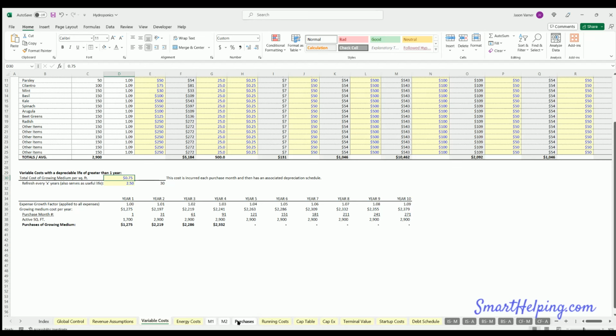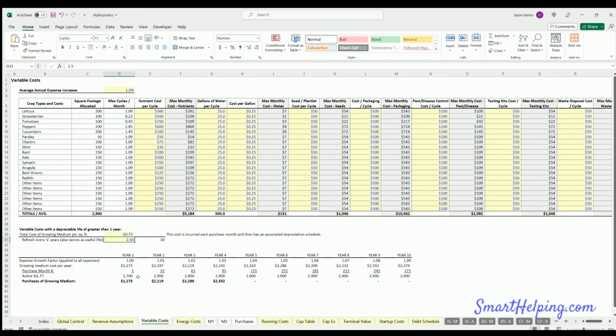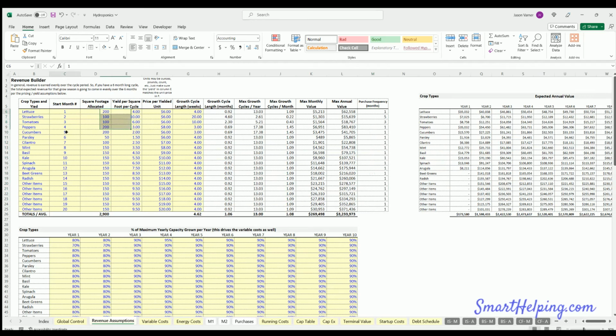If you're growing things in some type of material, you're going to have to purchase that, and it has some useful life here. We're just saying it's 75 cents a square foot. There's a useful life of 2.5 years, and then we have an active square footage calculation, because remember, if we're expanding over time, you might not need to have 100% of the square footage.